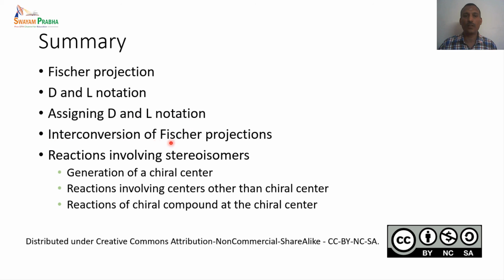We also studied about interconversion of Fischer projections, like whether a 90-degree rotation leads to the same isomer or a different isomer, and what about the 180-degree rotation, does it give the same isomer or a different isomer. All these things we have studied.